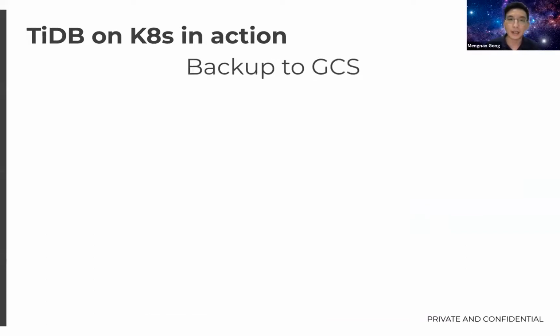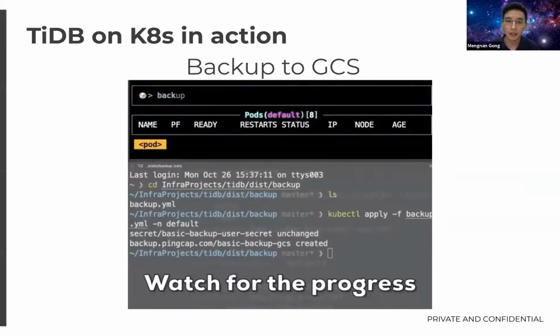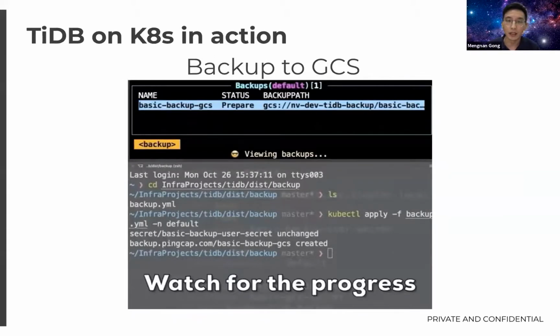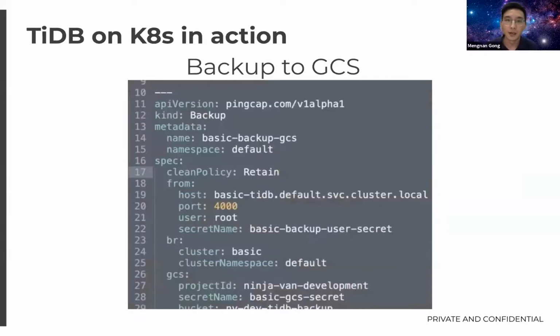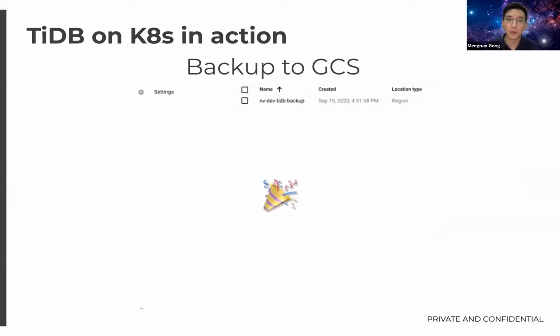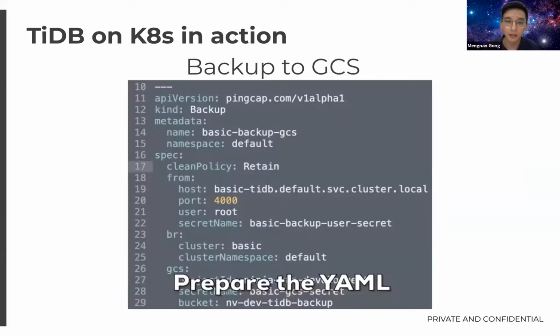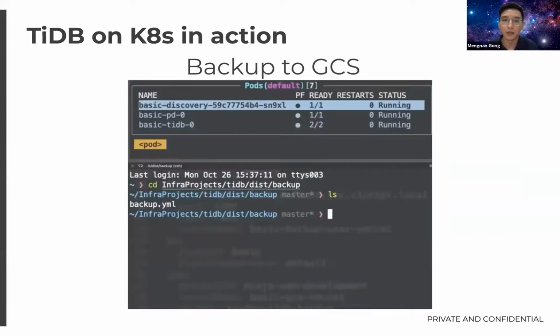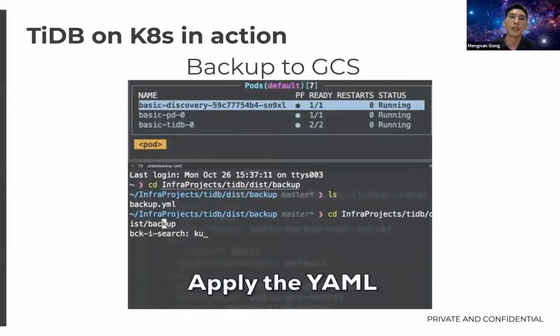The second example I'm going to show is about backup to GCS. I think we need to wait a bit for this GIF to replay. Basically, it starts with a YAML file. You need to prepare the YAML to define the backup, and then apply this YAML in your Kubernetes.